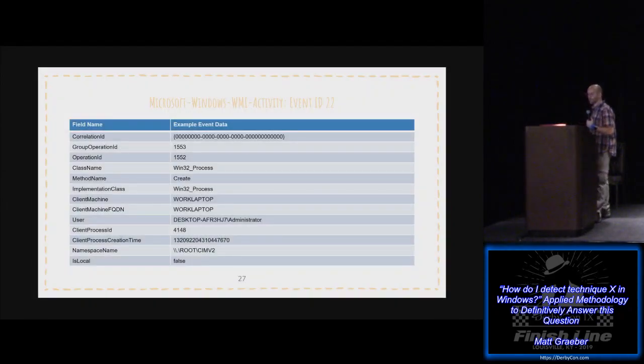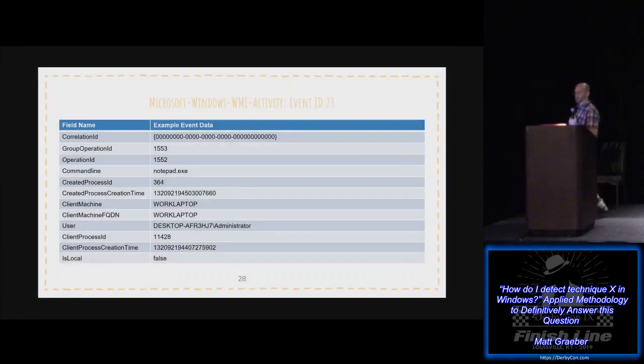So we got that event in the event log earlier that said that SimWin32 was loaded. It looks like this event ID tells us why, because Win32 process create was called, so that corresponding provider was loaded. Event ID 22, we get some additional interesting contextual information potentially related to the lateral movement activity. And then my favorite, event ID 23, which also includes the command line of what was executed.